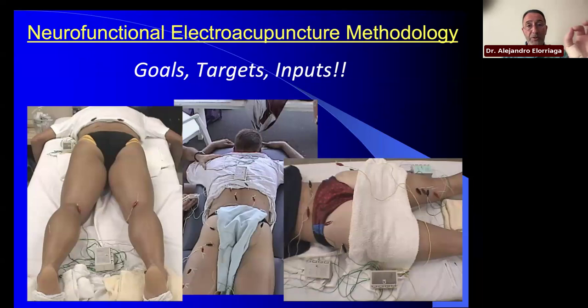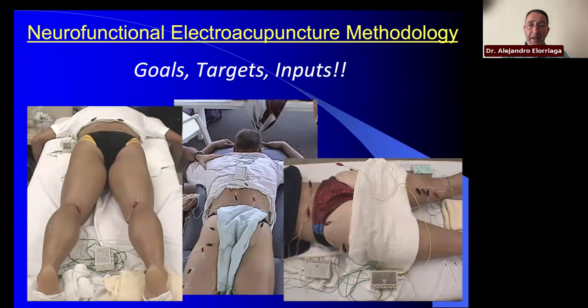exclusively on goals, targets, inputs, how this process from an analysis, I will show you how to use movement to do this, simply mapping. Okay, if there's a problem with abduction, I determine what muscle participates in abduction: deltoid and supraspinatus and long head of the biceps.